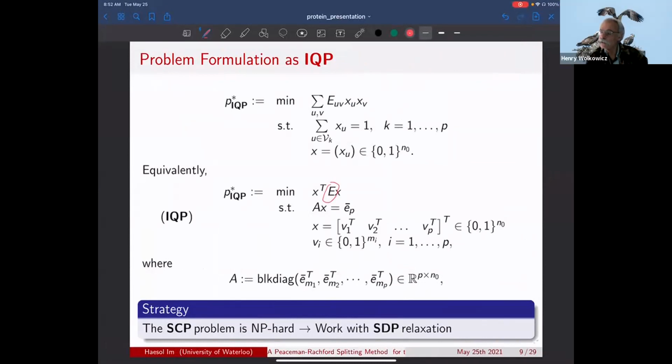So he claims indefinite is fine. But XE equals E is half of the QAP. The other half, of course, is X transpose E equals E. So half works and double doesn't.